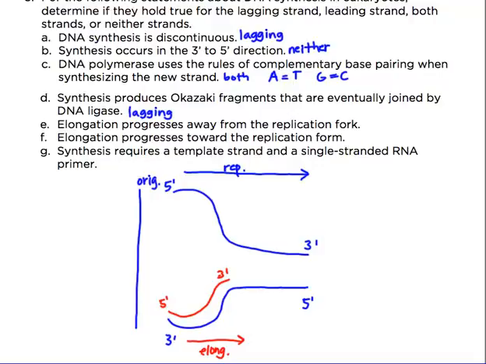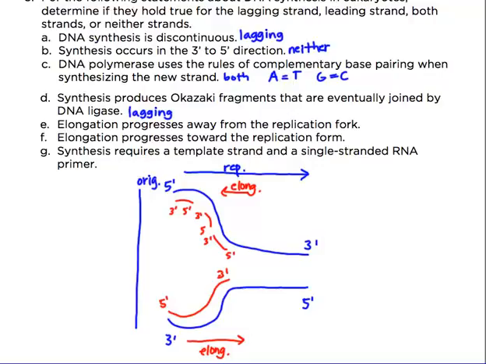The lagging strand, again, the new strand has to be made 5' to 3', so it's going to make small Okazaki fragments in the 5' to 3' direction. And as you can see, because elongation happens from 5' to 3' on the new strand, for this lagging strand, elongation is happening to the left.